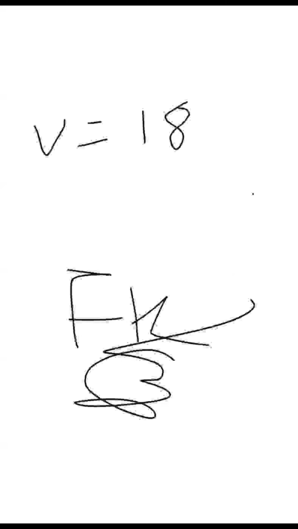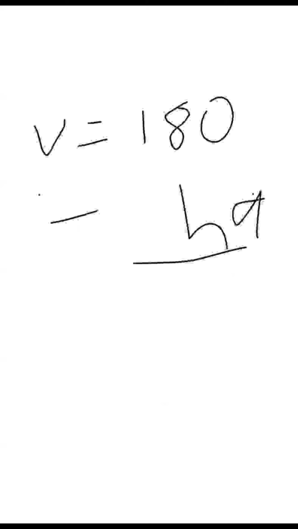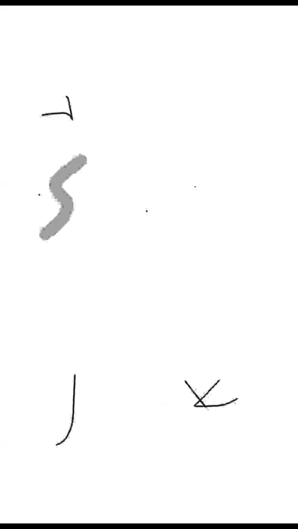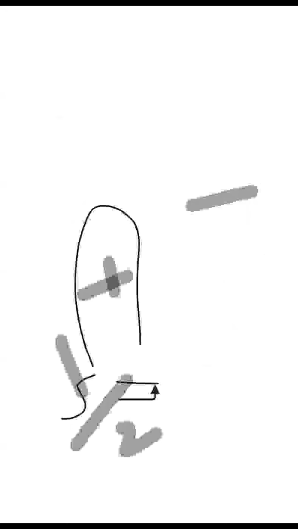It means we can use the formula S is equal to UT plus half GT squared. We have S which is 180, U which is equal to 0.